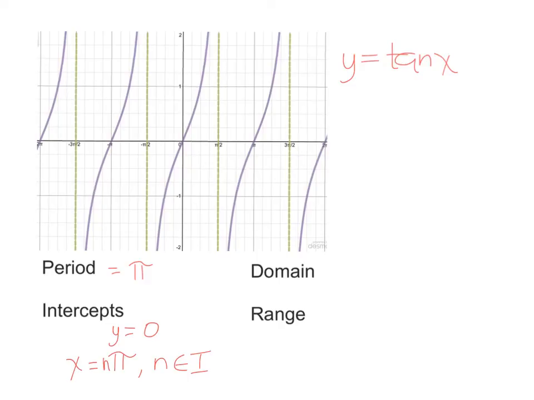The domain of this is kind of tricky. Can anybody tell me what the domain is, just in words? What would you say? X cannot equal pi over 2, did you say?